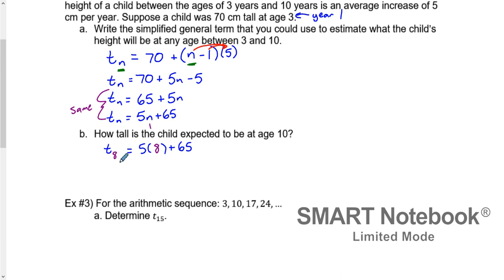So term 8, which means the age of 10 is what we're looking for. 5 times 8 is 40, plus 65 would be 105 centimeters. Or if you want to go into a little more specifics, it would be 1.05 meters. So 5 centimeters over that meter stick.